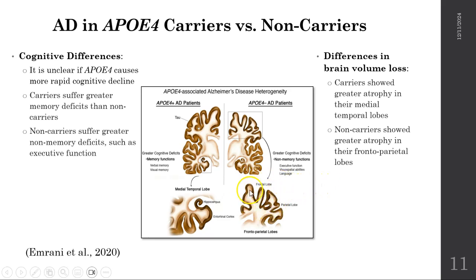So again, here we see degeneration in the frontal lobe, which may correlate with the more pronounced deficits in executive functioning that this group experiences. Overall, these differing effects demonstrate the variety of complex mechanisms involved in Alzheimer's and elucidate the need for research beyond the current hypotheses that we have.